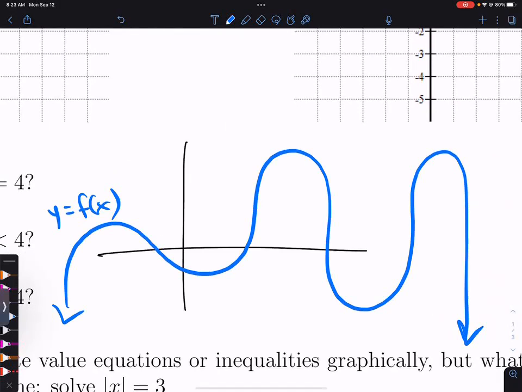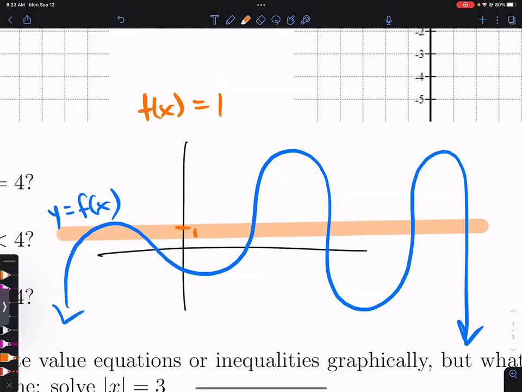But if I want to solve f of x equals 1, all I would need to do is find the y value 1 and see what happens, right? So we could do that no matter what. Any kind of graph you start with, we can solve an equation graphically by using that same approach, right? As long as I can sort of see where things happen, we're good to go. Right?